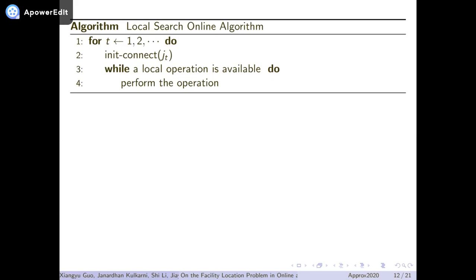Intuitively, we want to skip those local operations which only bring a tiny reduction in the cost. Those are the operations which don't contribute effectively in reducing the cost. So we can put a bar on doing local operations. We perform the operation only if it can reduce the cost by more than a certain amount.